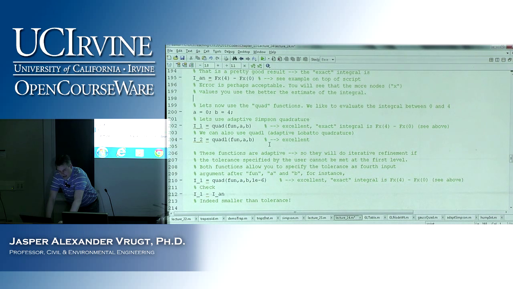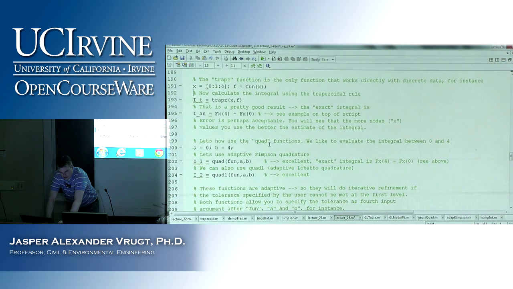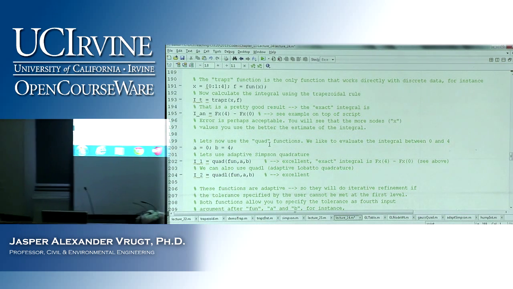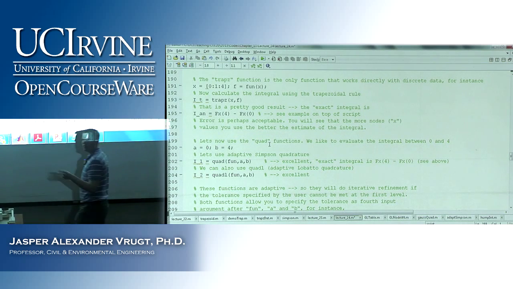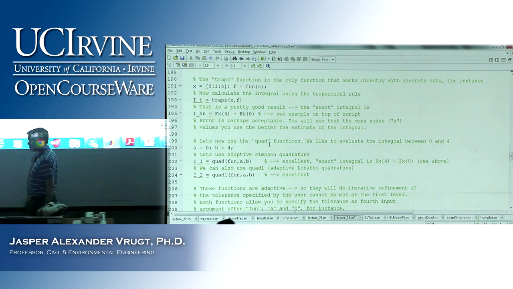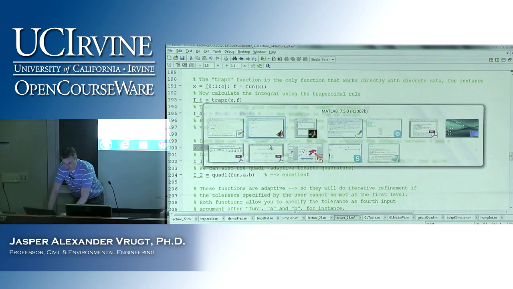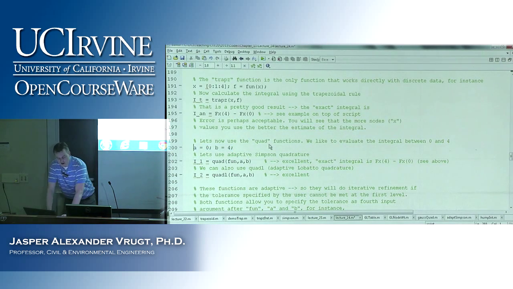So this is the built-in trapezoidal integration rule. Now, let's look at this quad function. Quad corresponds to quadrature, and this is adaptive Simpson's quadrature. So let's specify that we'd like to integrate the same function between 0 and 4, lower bound 0, upper bound 4.